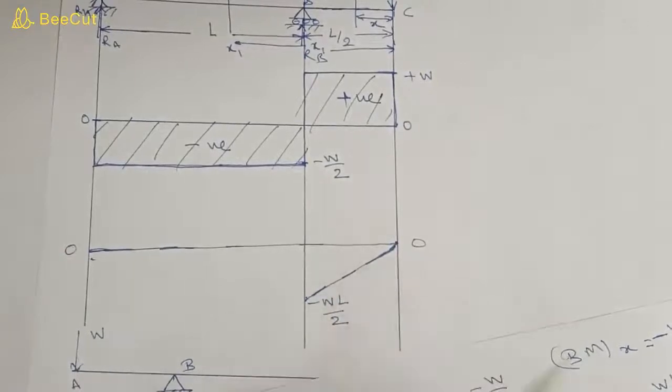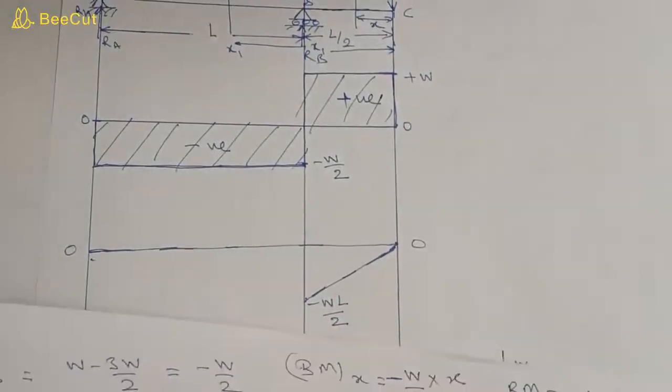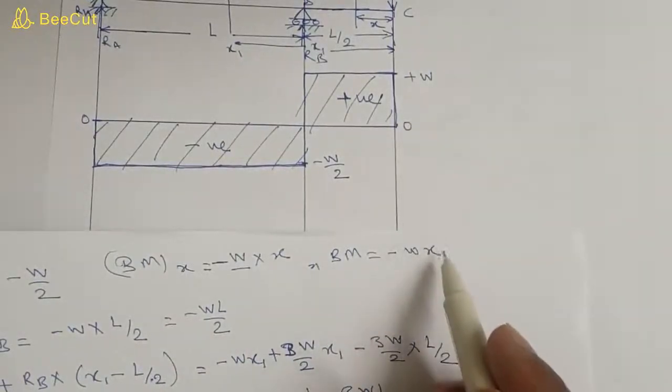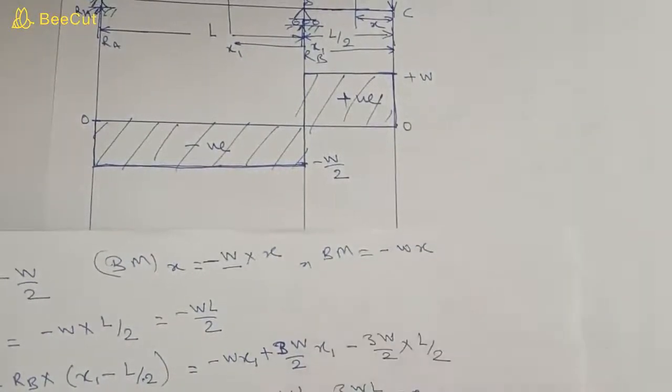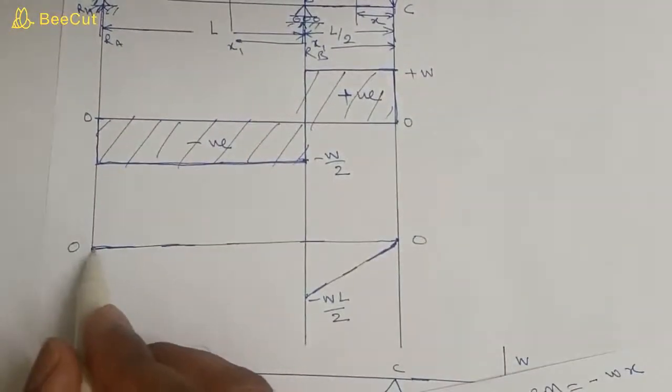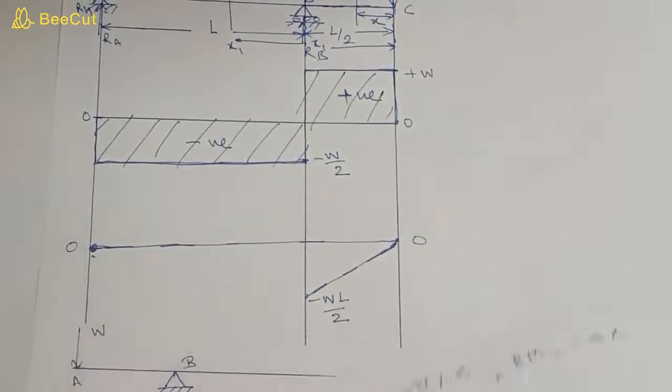And it is linear because we have the equation of this line as y equal to minus mx, this type of equation. So it is linear.